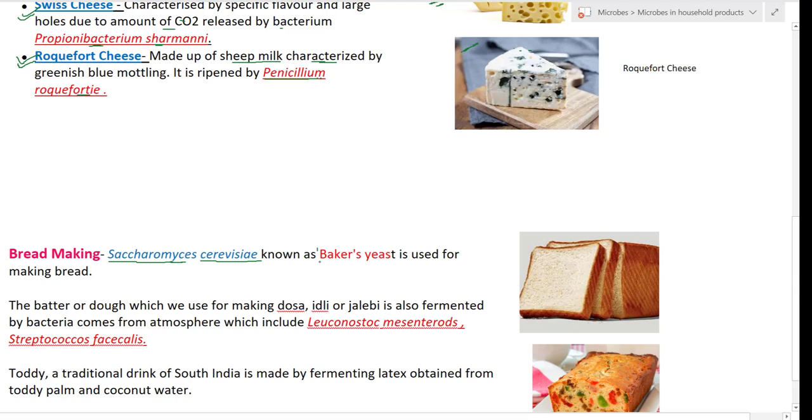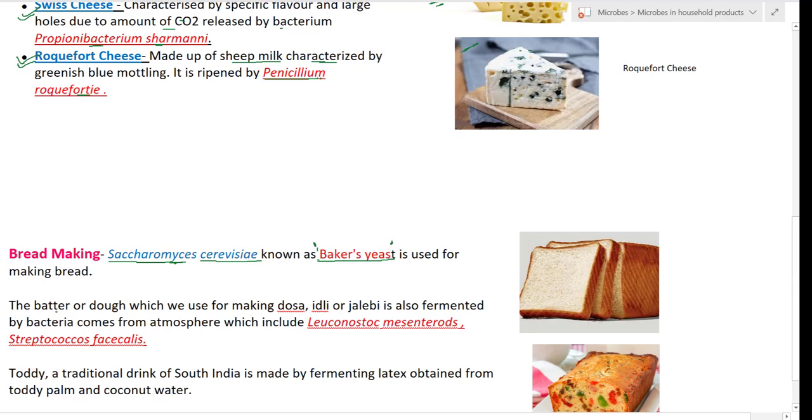So this microbe Saccharomyces cerevisiae is also known as baker's yeast because it is quite important in the baking industry. The bread is used in different types of products. In pizza we use bread, and in cake making we need bread. So bread is used at a wide level.